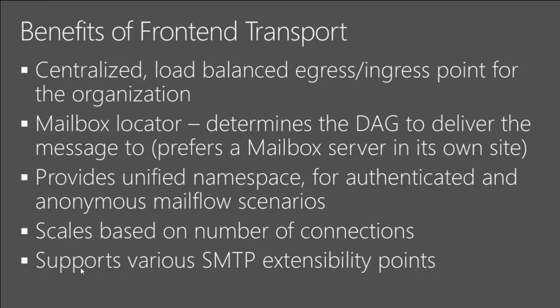The other thing is, obviously, it scales with the number of connections. You can send as many connections as you want. It'll spawn off new connections. It can go up to, I think, about 5,000 by default. Finally, it also supports SMTP extensibility points. There are a bunch of extensibility points built into every stage of the SMTP protocol, on EHLO, on Connect, and you could have either third-party agents or write your own agents to hook into those points.